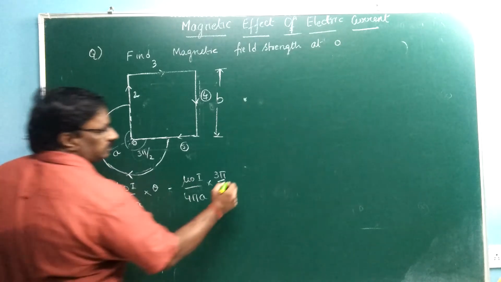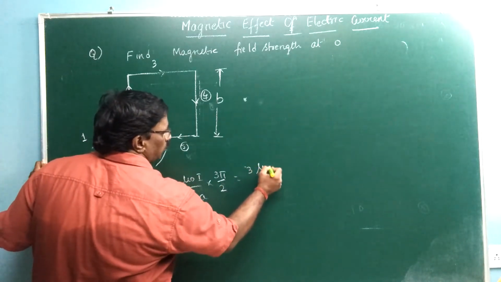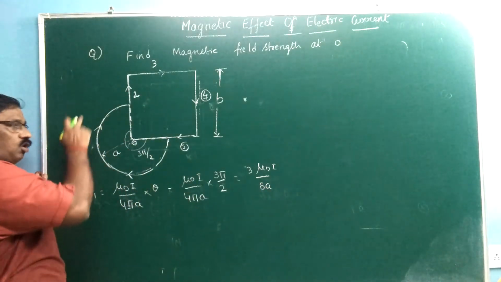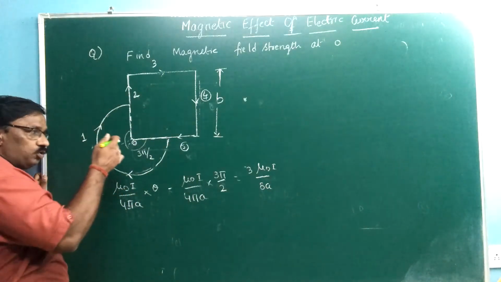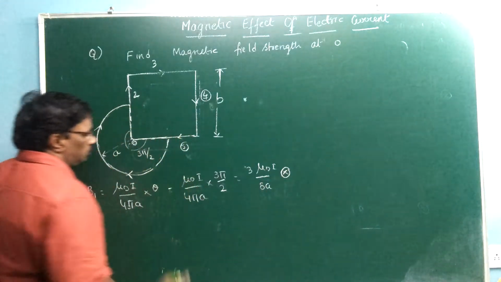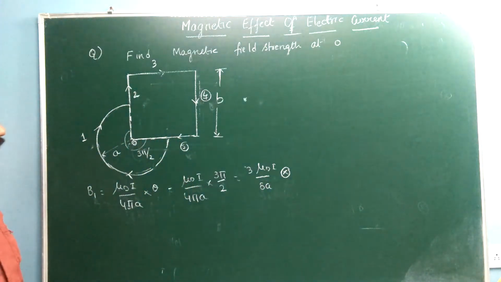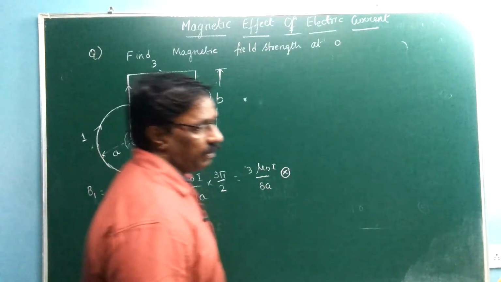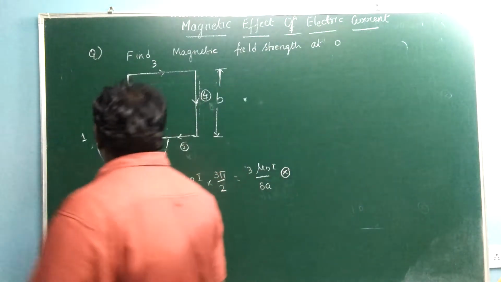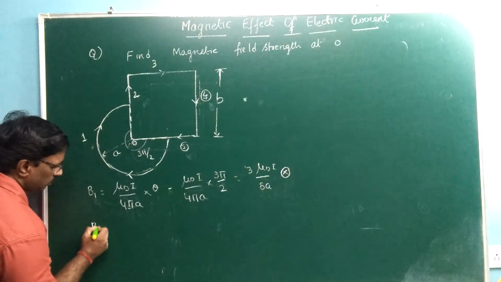Pi cancels, 3 times mu naught I by 8a, and the direction is clockwise. Clockwise means into, away from you. So this is into. That is because of the circular coil. Now let us see what will happen because of the straight conductors. Because of conductor 2, the field is 0. Why is B2 0?